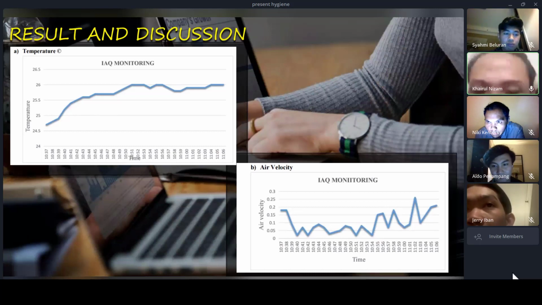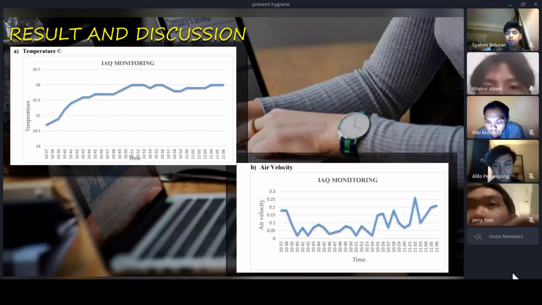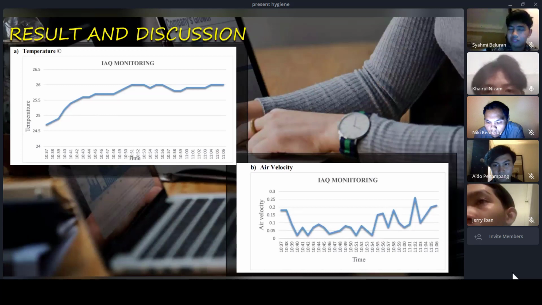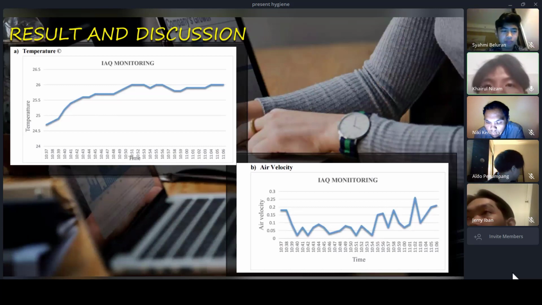However, the temperature kept increasing to 36.0 Celsius until the end of the 30-minute period of air monitoring. This temperature variation stayed within the acceptable range of 34.0 to 36.0 Celsius.